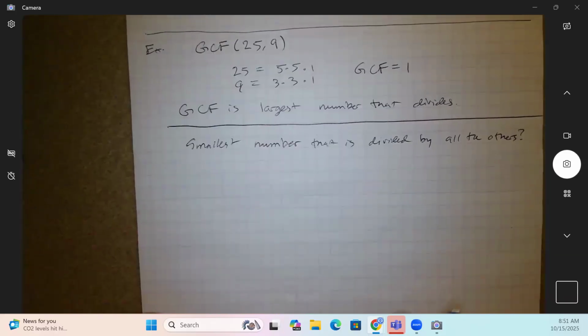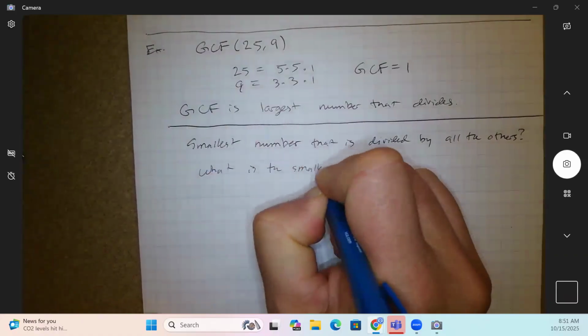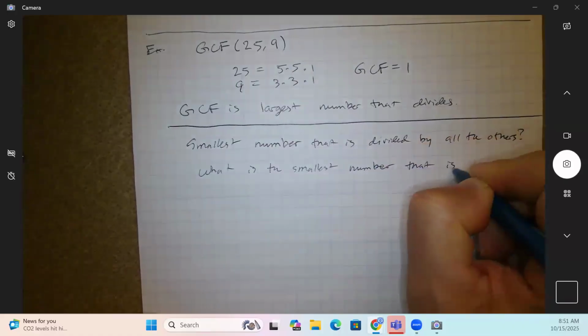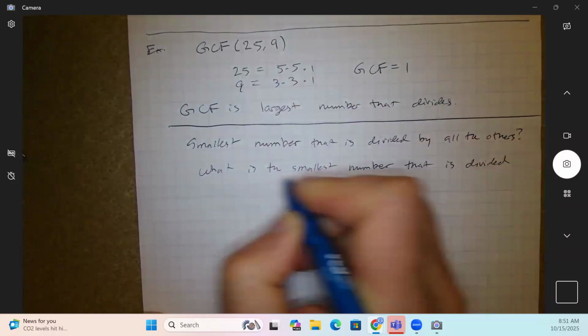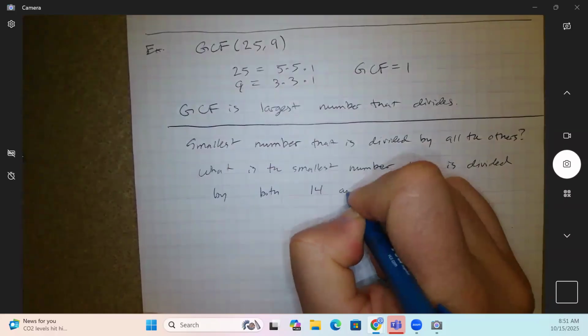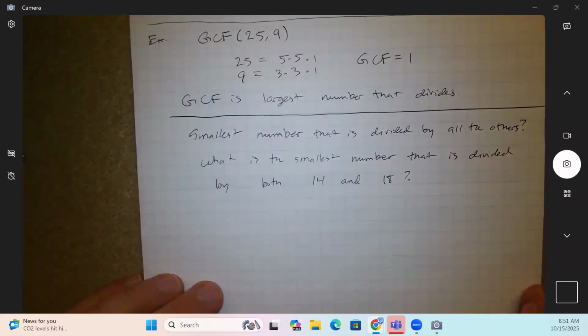So, for example, what is the smallest number that is divided by both 14 and 18? That's the largest number that divides both.